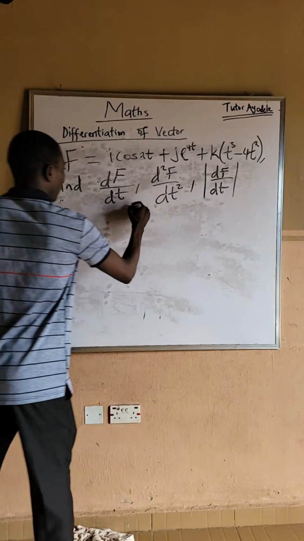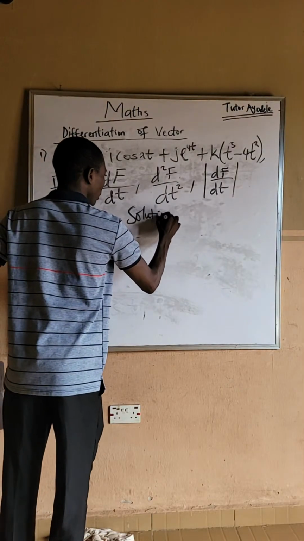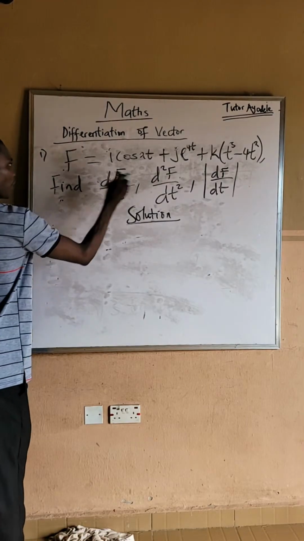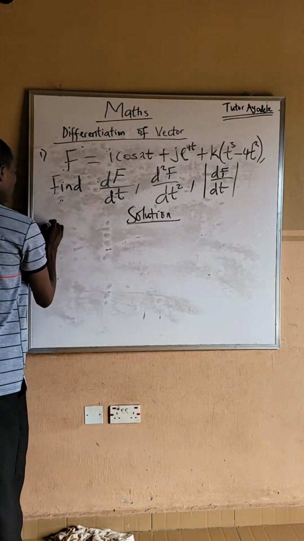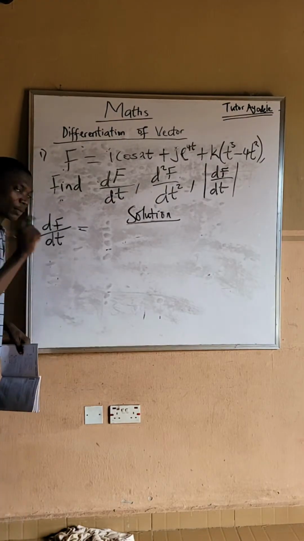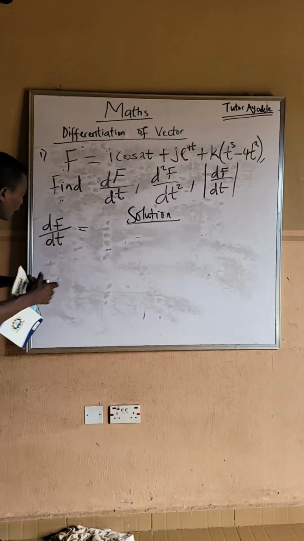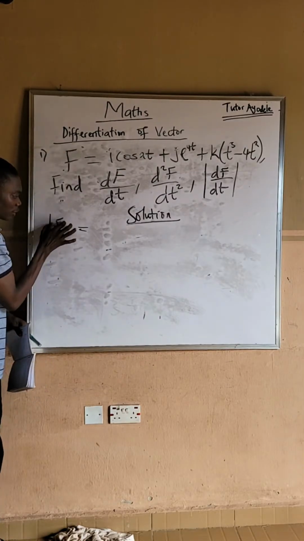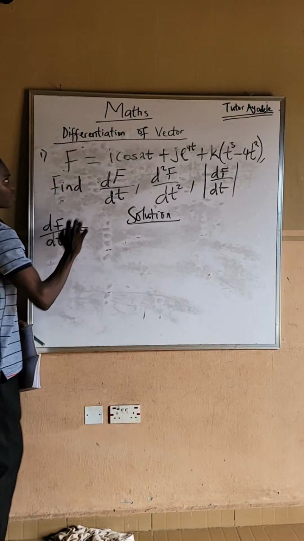Write our solution. So the first one says the f over the t. Now, if you remember what I told you earlier, you only have concern on where we have t.